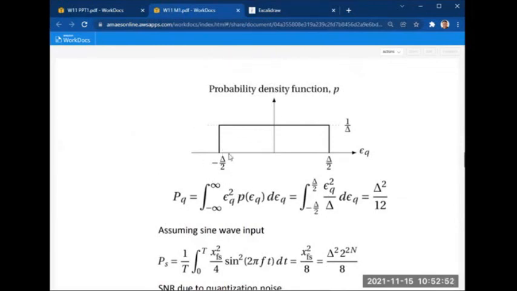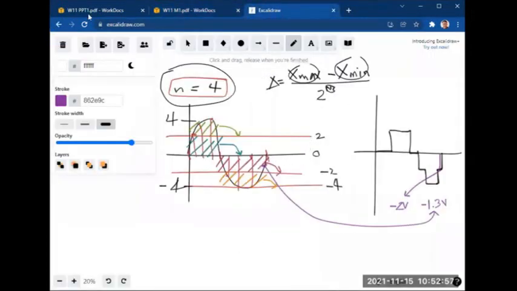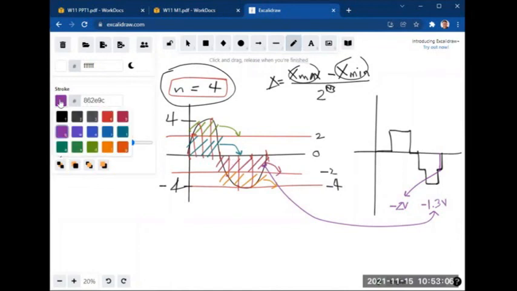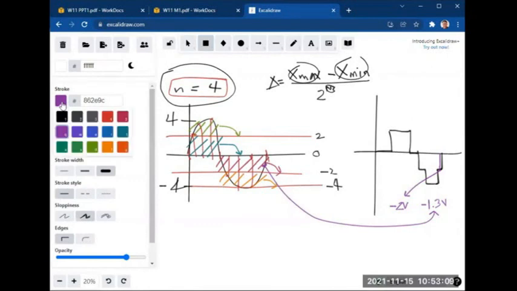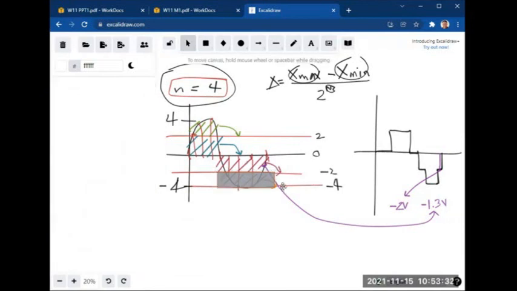So for the quantization error, as you can see, let's go back here. Let's take this area. The upper range of the signals here is -2. The lower range is -4.